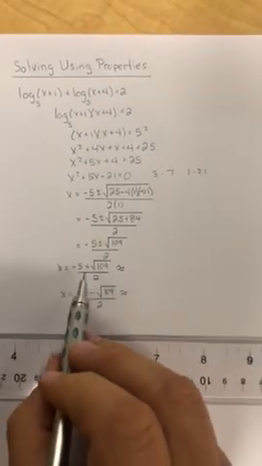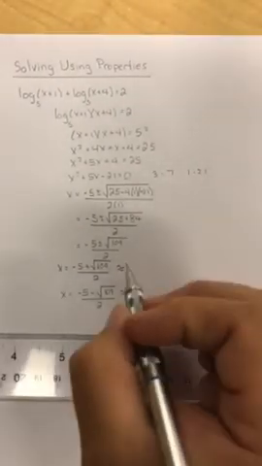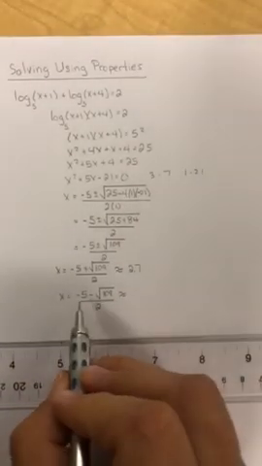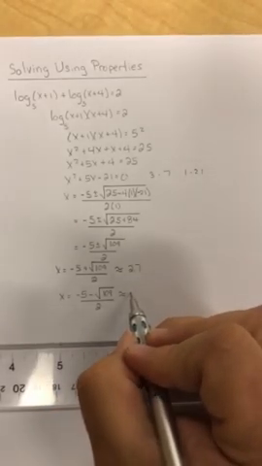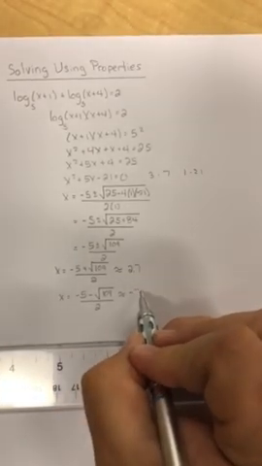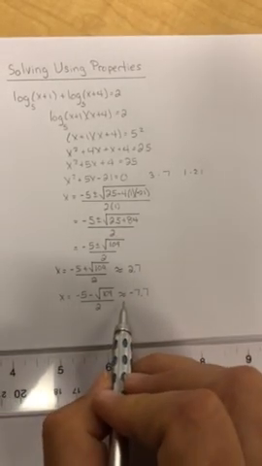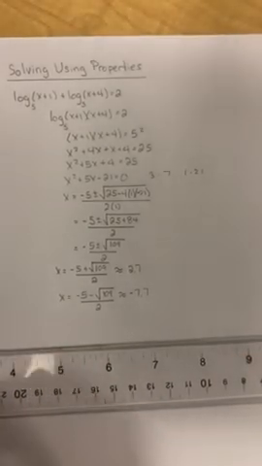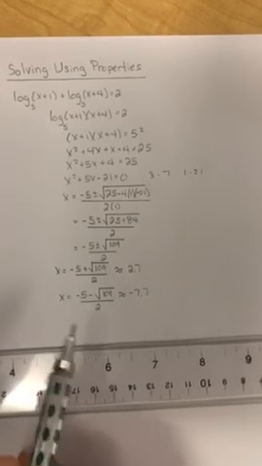When you take negative 5 plus the square root of 109, divided by 2, you're going to get approximately 2.7. And when you do negative 5 minus the square root of 109, divided by 2, you're going to get approximately negative 7.7. These become approximated solutions because I rounded them to 1 decimal place. Now these are not my final solutions. I have to determine whether these are good solutions or not.